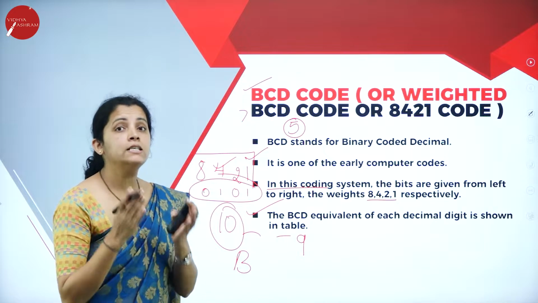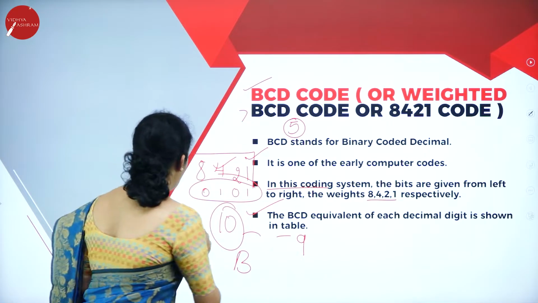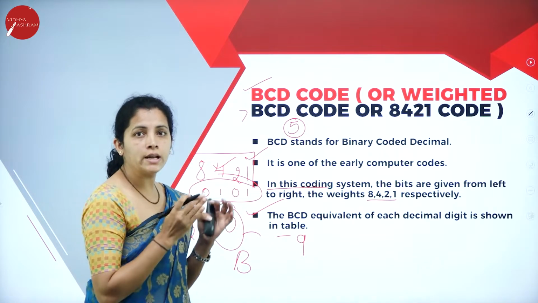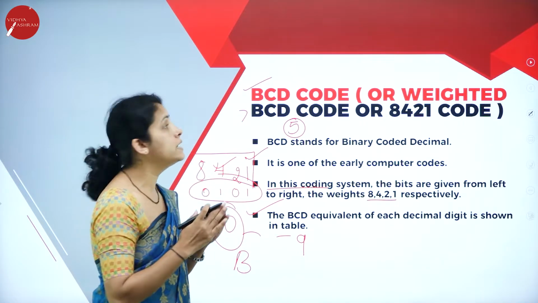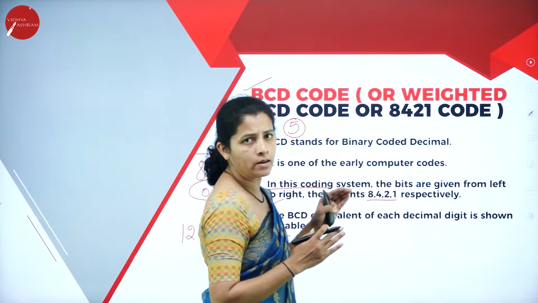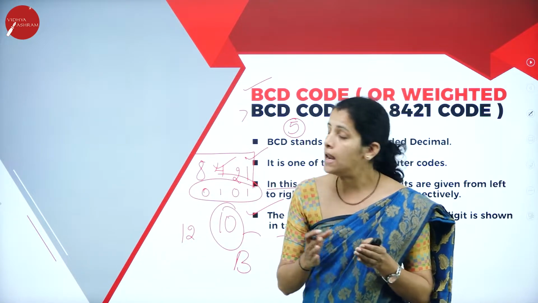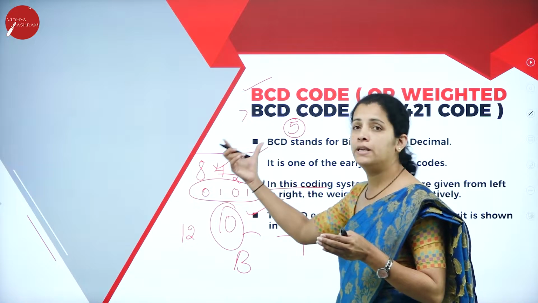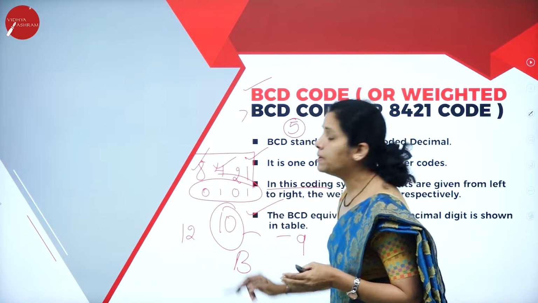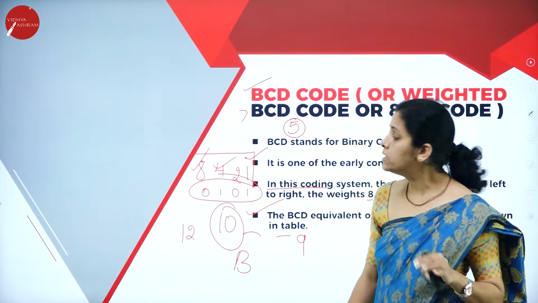Dear student, just think that I'm going to have decimal number 12. Now, I need to represent this decimal number in the form of 8421. To represent 12, I'm going to consider this BCD code. So, if I add 8 plus 4, I'm going to get 12.